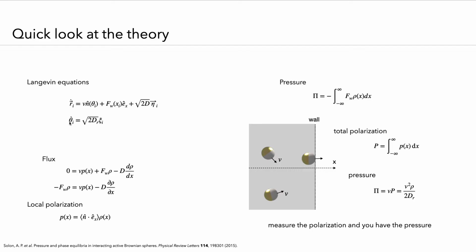One is giving rotational diffusion, one is translational diffusion plus propulsion, but in addition, you now have an additional term that is determined by the force that particles exert on the wall. And this is what actually causes the pressure, right? Without that term here in the middle, there would be nothing like a wall pressure.